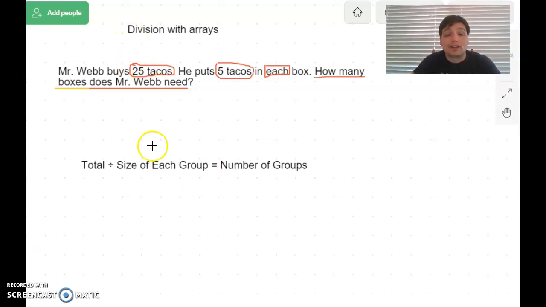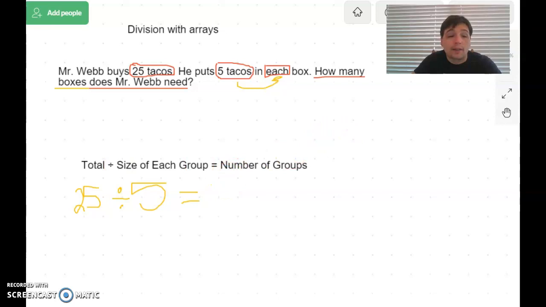I know that Mr. Webb has 25 tacos. That's how many total tacos he buys. I'm going to divide it by the size of each group. He says he puts 5 tacos in each box. So I know each group has 5 in it. And I need to find my number of groups.